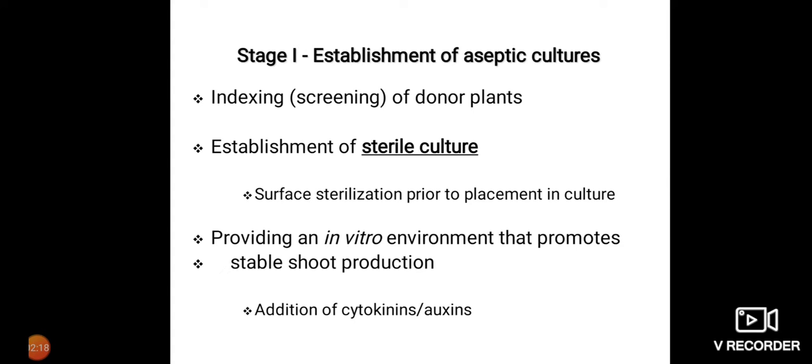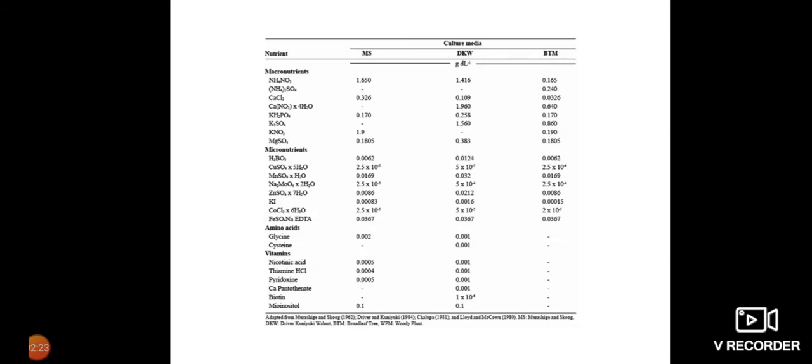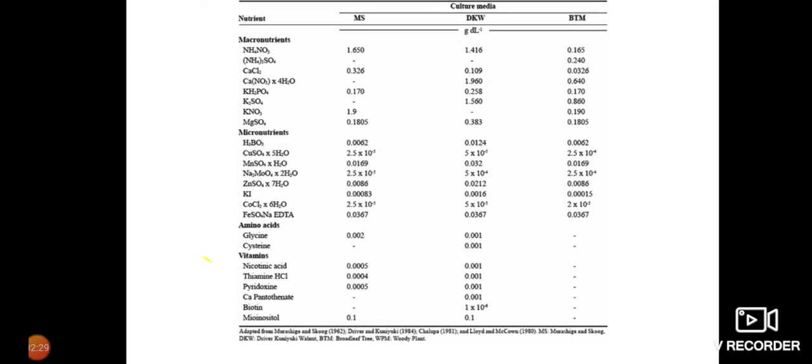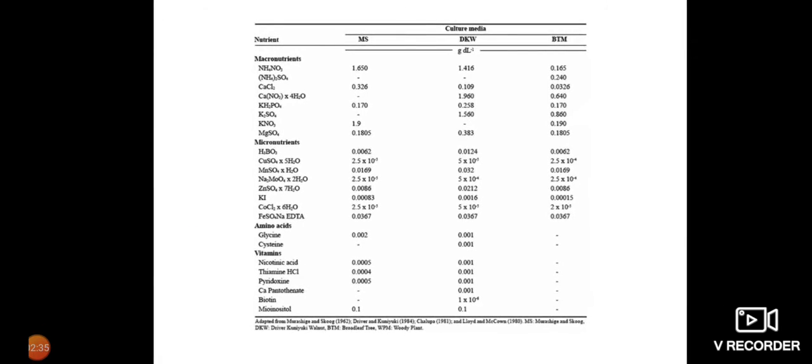Then we come to the culture medium. There are different types of culture media: MS media, DKW media, BTM media, and many others, which contain micro and macronutrients, hormones, amino acids, and vitamins, all required for the growth of the plant cells.